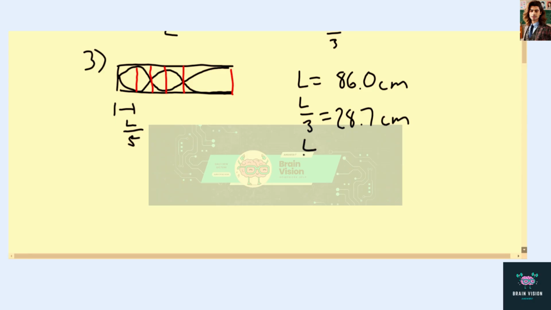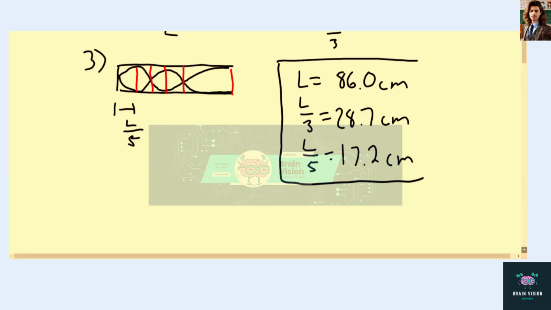And L over 5 is equal to 17.2 centimeters. And I feel like all of that is self-explanatory. You just take 86, divide by 3, and divide by 5. So these are our answers for part B. I don't feel like that needs much more explanation than is there.